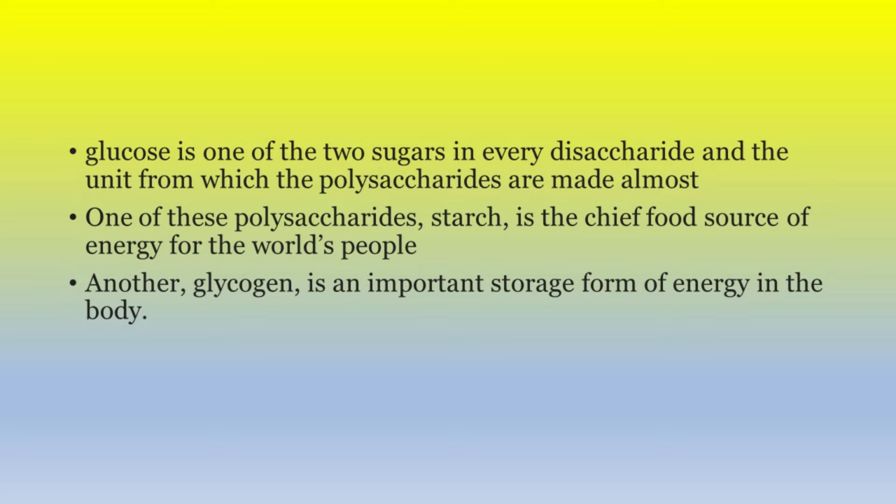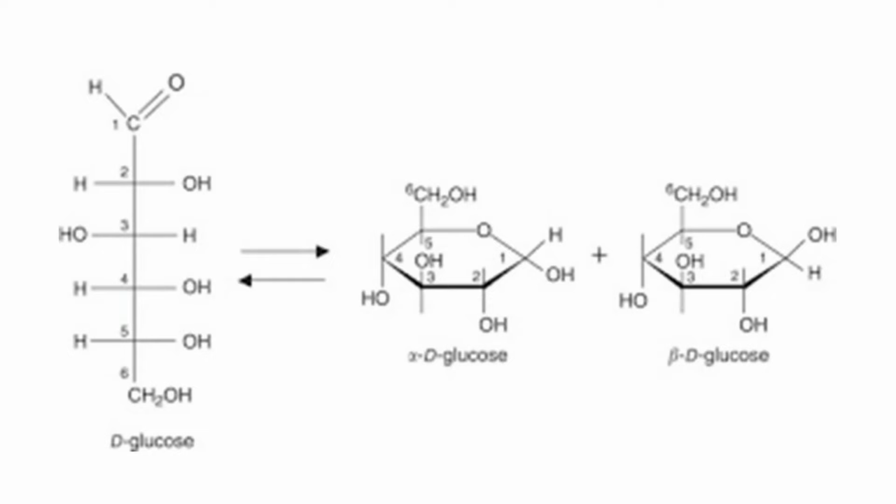Glucose is a monosaccharide. A glucose molecule can exist in an open chain as well as ring form. Glucose is naturally occurring and is found in its free state in fruits and other parts of plants. Glucose is released from the breakdown of glycogen in a process known as glycogenolysis.